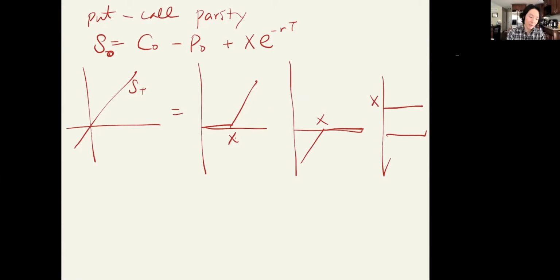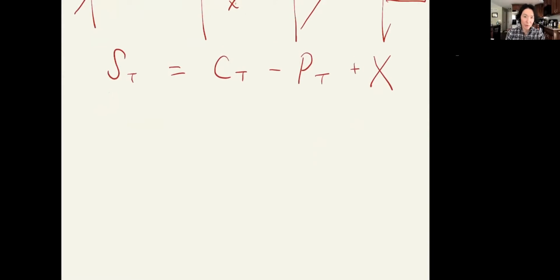A bond whose face value is X, okay? So if you add the three things, basically you can see that these two quantities should be the same, okay? So the payoffs are always the same no matter what. Now, from the no arbitrage pricing argument, their prices should be the same as well.